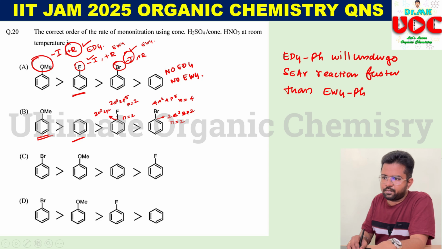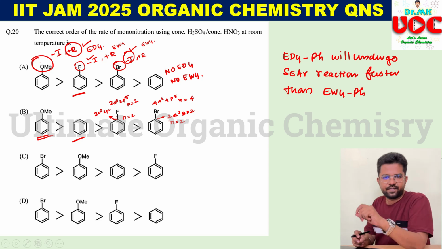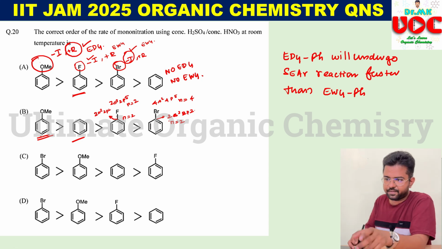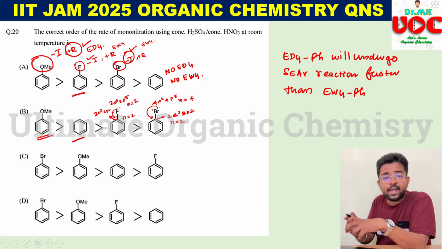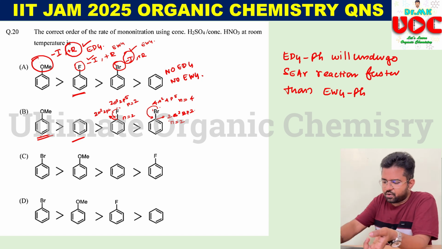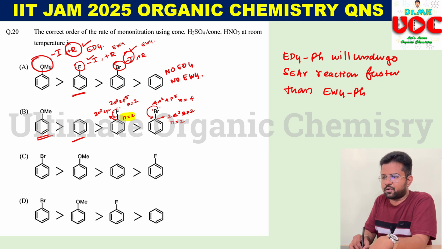And you know that even though fluorine is having a minus I effect, it also has a plus R effect because of the presence of a lone pair of electrons on the fluorine atom as well as the bromine atom, which will be giving electrons towards benzene to make the effective overlap. You know that in fluorobenzene, the carbon principal quantum number and fluorine principal quantum number are the same.